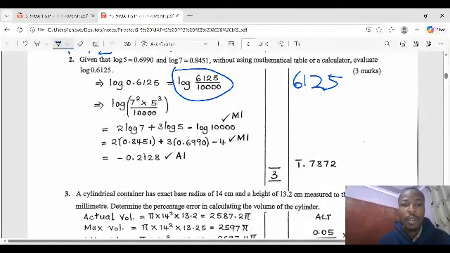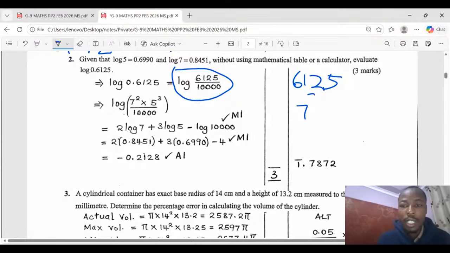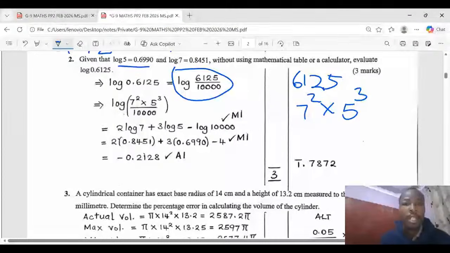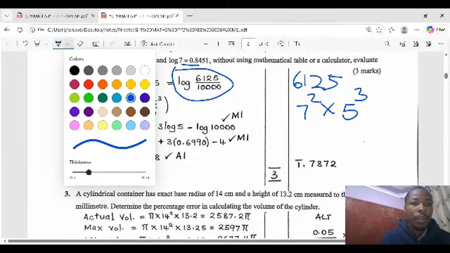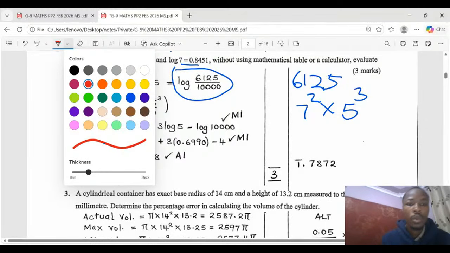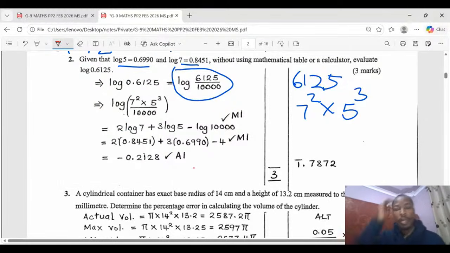In terms of 7 and 5, because those are the logs we are having, if you take 7 squared multiplied by 5 cubed, you end up having 6125.